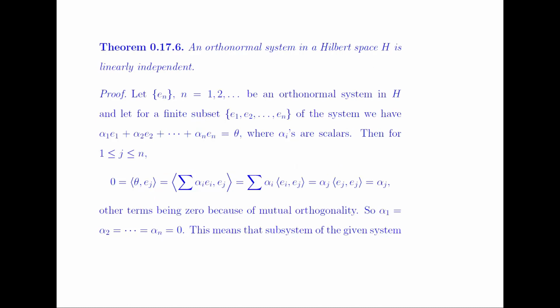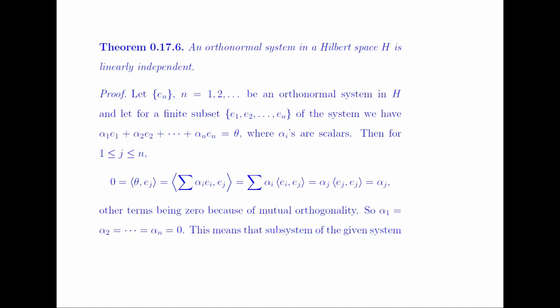An orthonormal system in a Hilbert space is linearly independent. Let {e_n} be an orthonormal system in H, and for a finite subset e1, e2, up to en of the system, we have alpha_1 e1 plus and so on plus alpha_n en equal to the zero vector, where all the alphas are scalars.